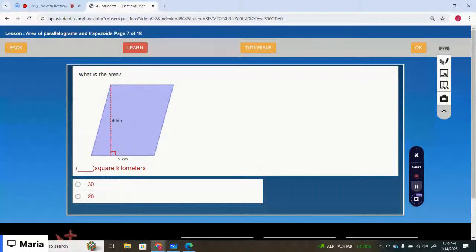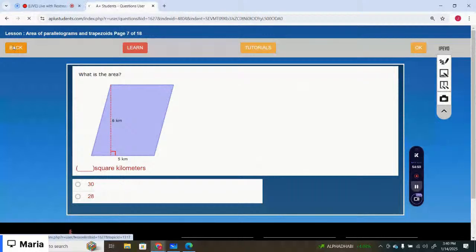Okay, you can complete the lesson by yourself later today. So, we were working on grade 6 math. The chapter we were working on is geometric measurement.